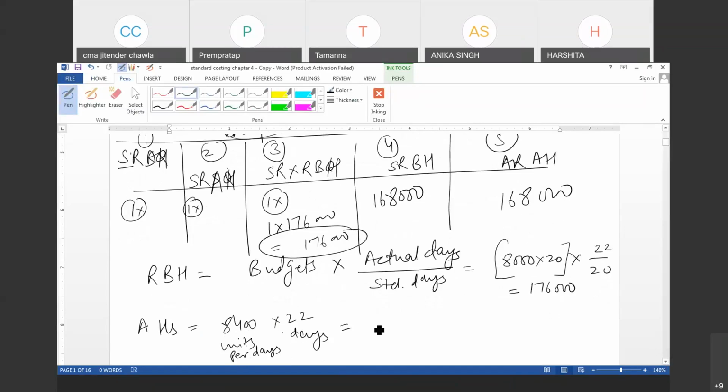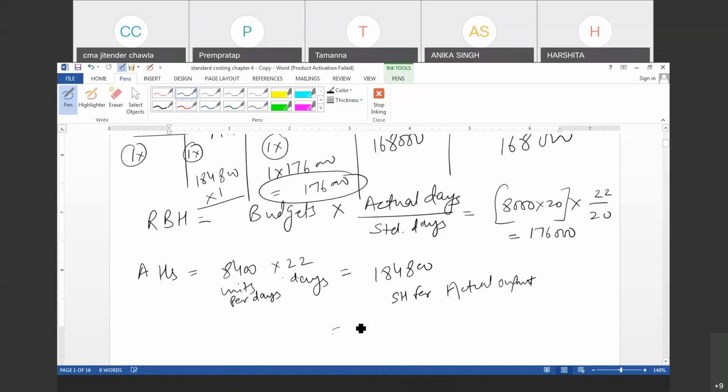This give me 184,800. 184,800 into 1। ये भी क्लियर हुआ मेरा? अब कुछ एक रह गया हमारा आइटम। Standard or for actual output, for actual output standard था 0.1 और 184,800 को अगर मैं 0.9 से मल्टीप्लाई कर दूं, राइट, सो दिस इज माय 166,320, this one actual quantity, so 166,320 into 1.